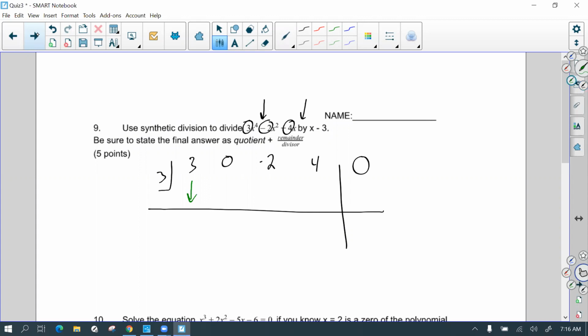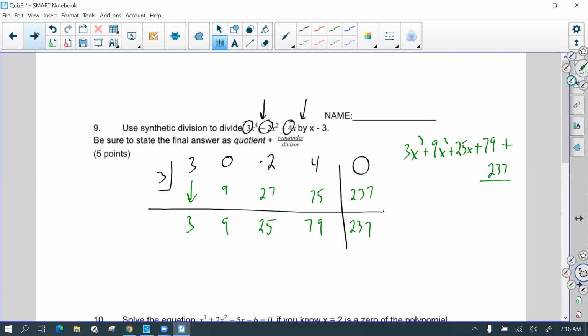We begin by dropping that down. So the answer is 3x to the 3rd plus 9x squared plus 25x plus 79 plus the remainder over the divisor.